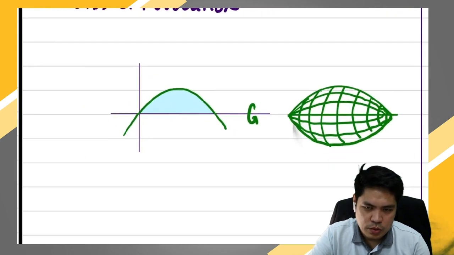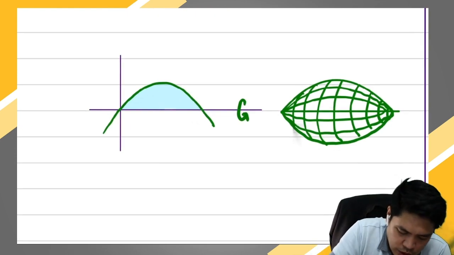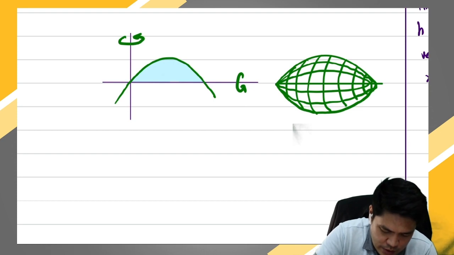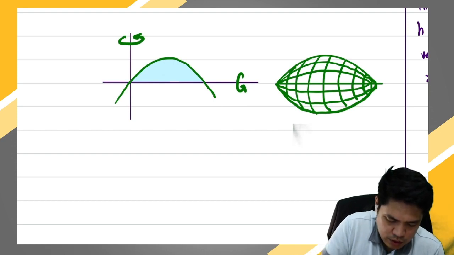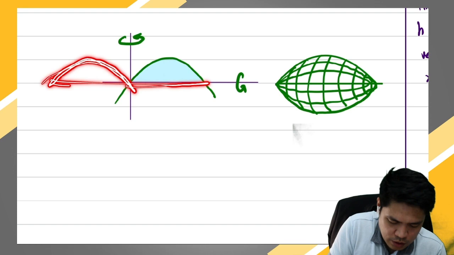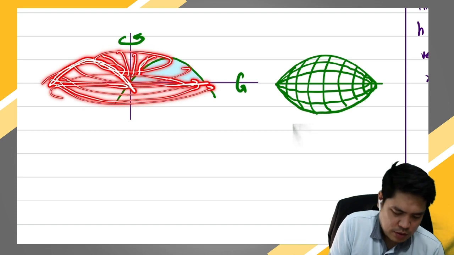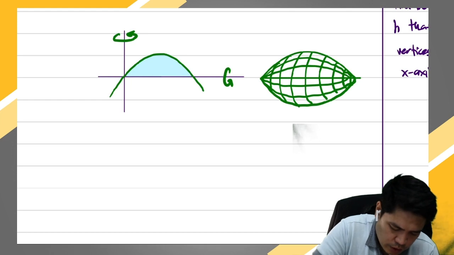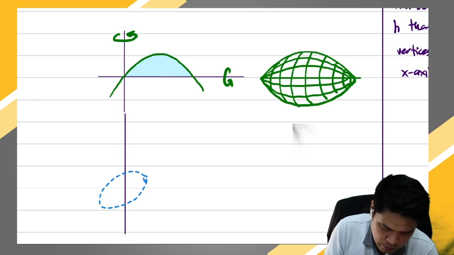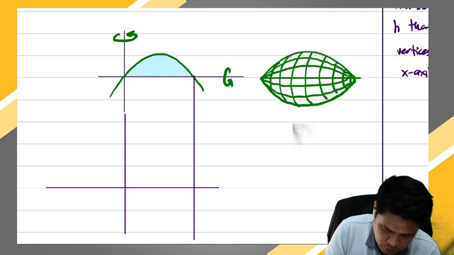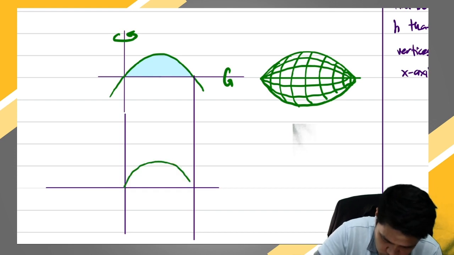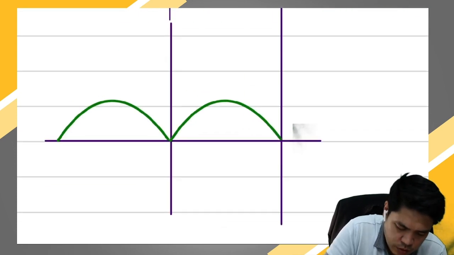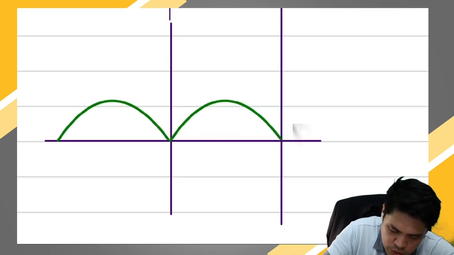Right? So what will happen if we rotate this axis? If we rotate that axis, it would generate this solid. So let's draw it separately. Just assume that they are the same. This tip would rotate.